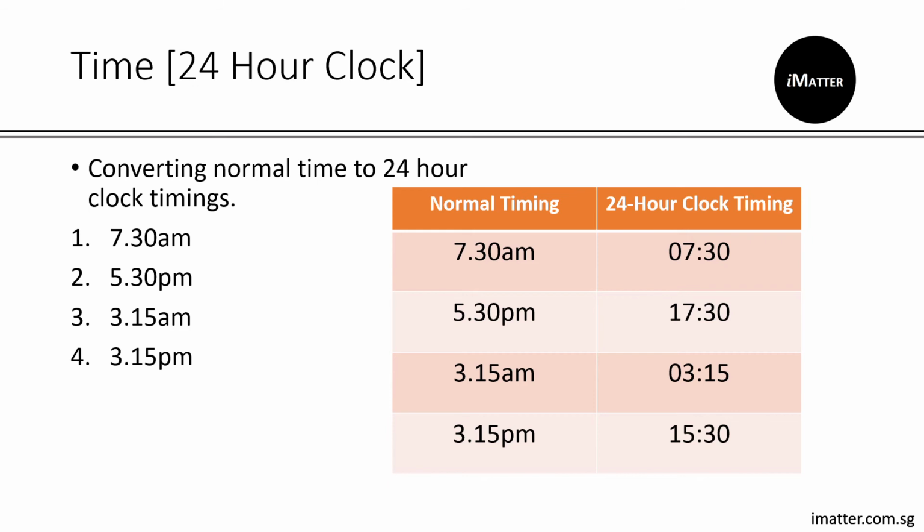Now this shows the difference in the 24-hour clock timing because there is a significance of 12 hours being added on when it is in PM. Now this 12 hours added on shows that it is in the afternoon, the PM session. So do take note, when you talk about 24-hour clock timing, please be certain whether you are referring to the AM or the PM session.